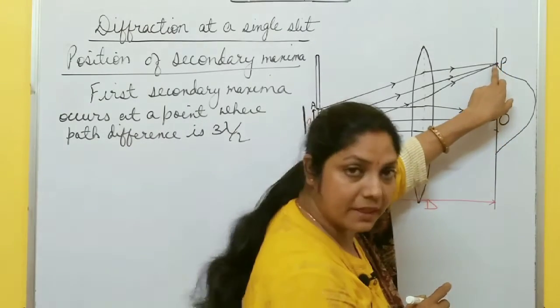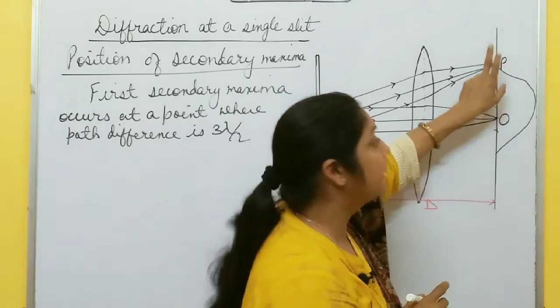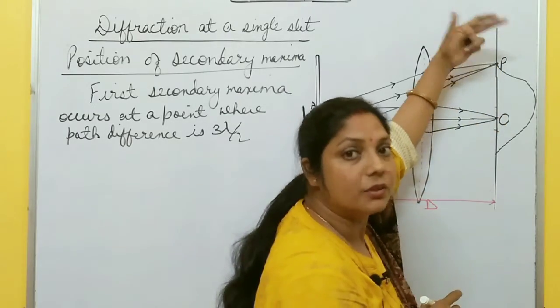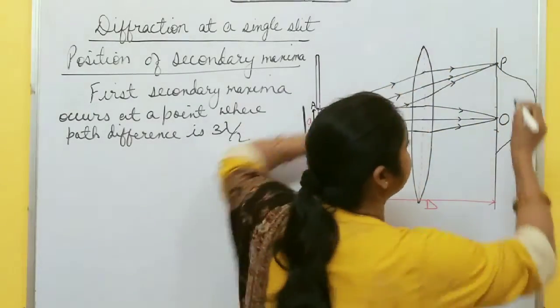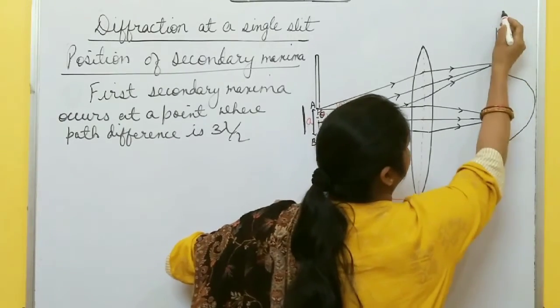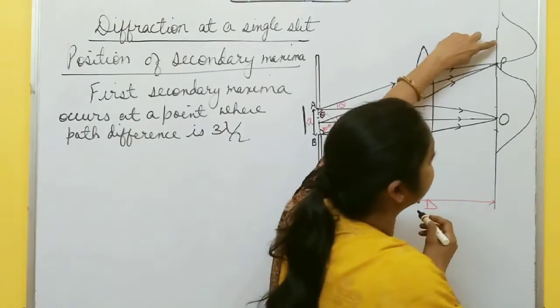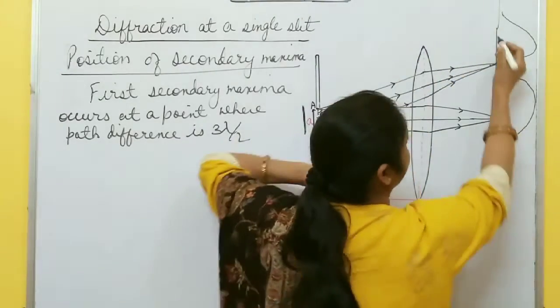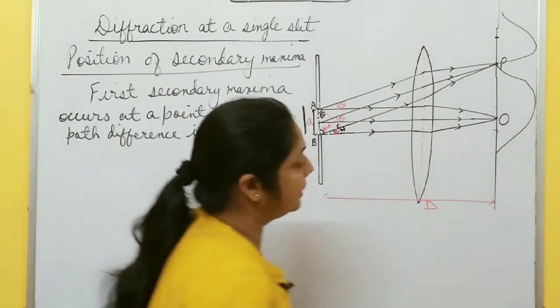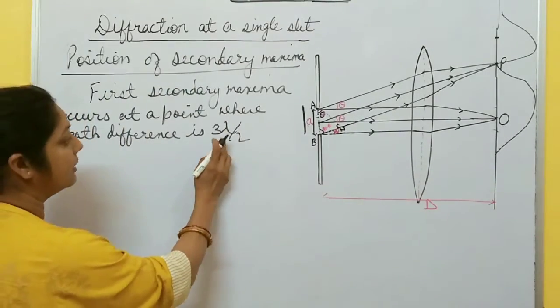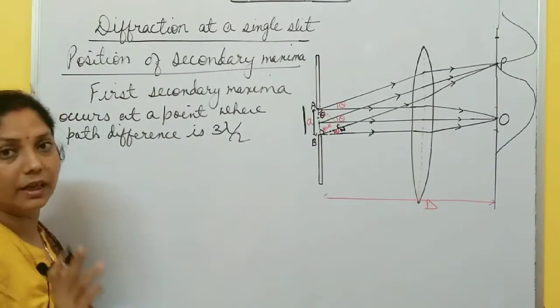First minima is formed at the position lambda, then second minima is formed at 2 lambda. Between this first minima and second minima only, the first secondary maxima is formed, okay? And for this reason we are taking 3 lambda by 2, not lambda by 2.